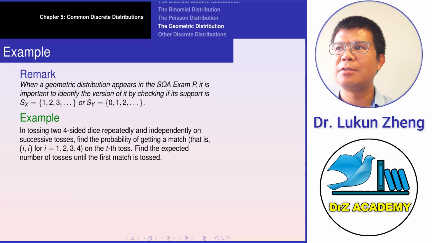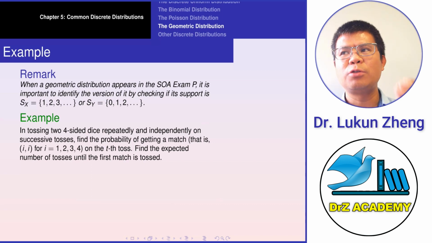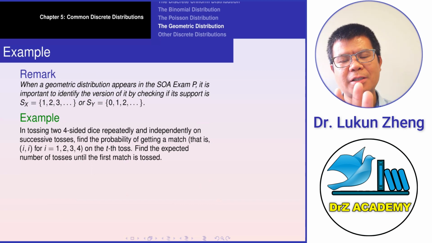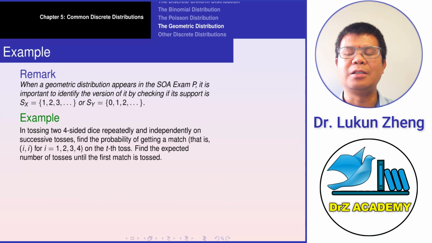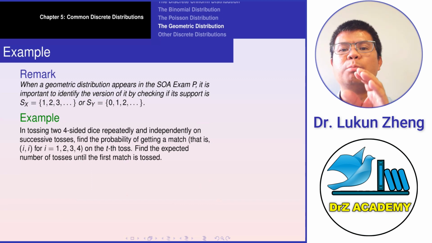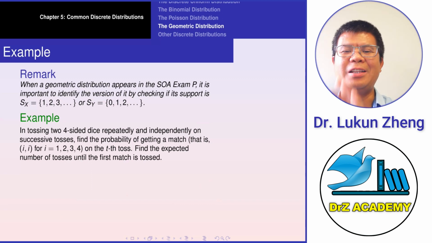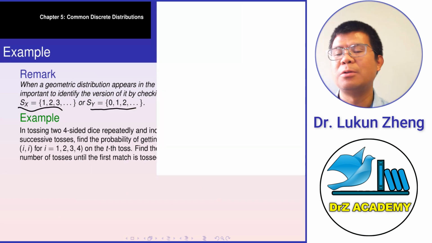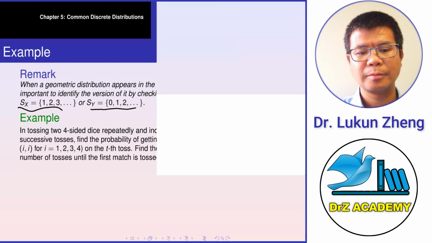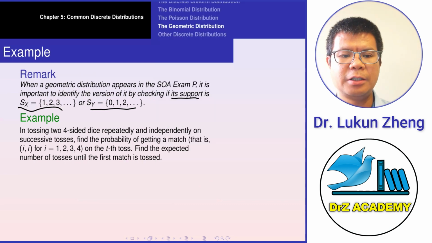Is X the number of trials up to and including the first success, or is Y the number of trials before the first success? You can tell by checking the support: is 0 possible? If yes, it's the Y version.